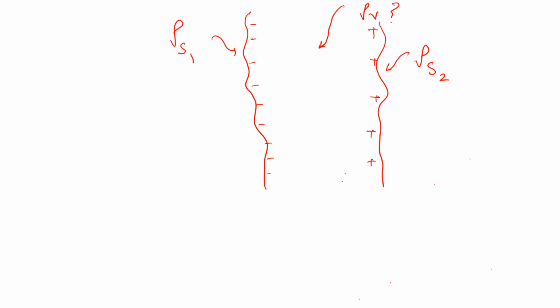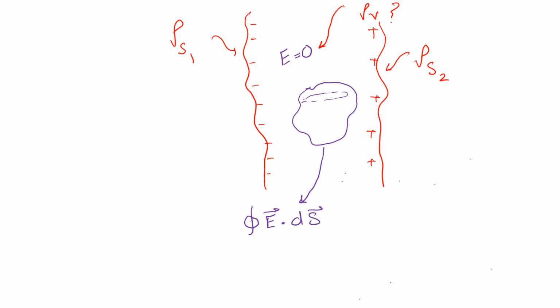Again, remember, the first rule we derived was that the electric field inside the conductor is zero. So what we can do to see what would happen is simply use a friendly Gauss law, make a closed surface, and I'm drawing an arbitrary closed surface there. And on this surface, if we calculate that flux, it should be equal to Q net by epsilon naught.